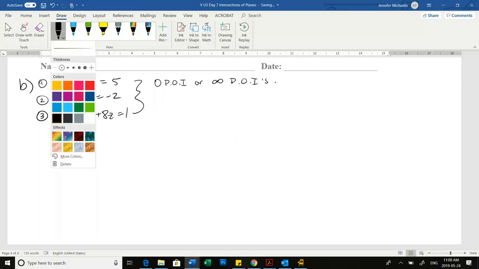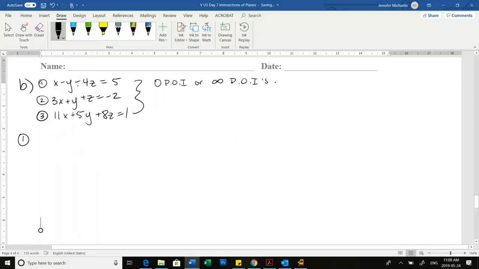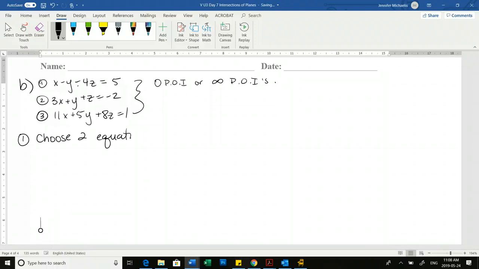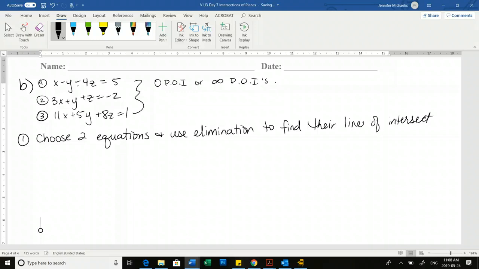So the very first thing that we want to do is we'll choose 2 equations to use elimination with, because we want to find their line of intersection. Just line. Okay, I think probably the easiest one to eliminate is the y's out of equation 1 and 2.